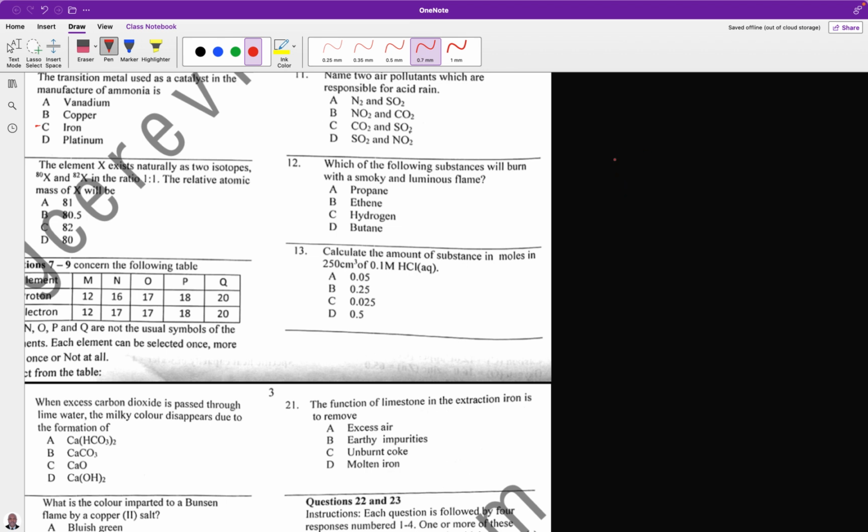So it will be 80 times 1 plus 82 times 1, divided by 2.